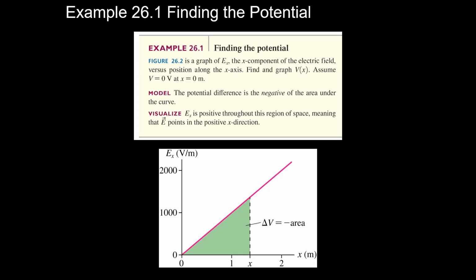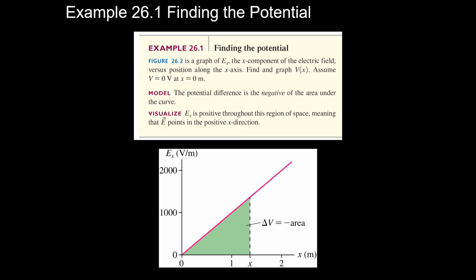So how do we find the potential? Well, we have to just do a simple integral, right? But you have to be careful because in this instance, there's a few things that this example kind of overlooks. They say, we'll find the potential as a function of location when we set the value of the potential equal to 0 at x equals 0. When we do that, then we go back to the definition. And so we get that the potential is just minus the integral of 1,000x from 0 to the position of interest.